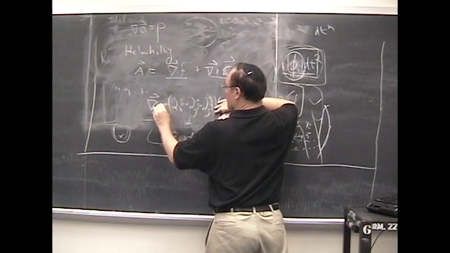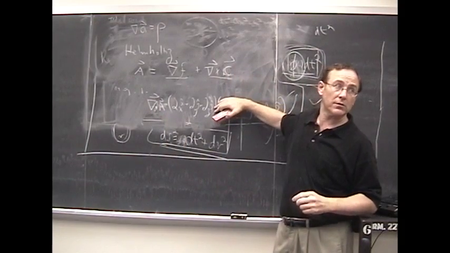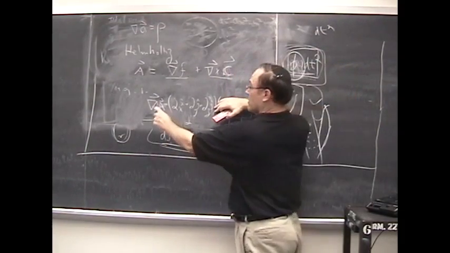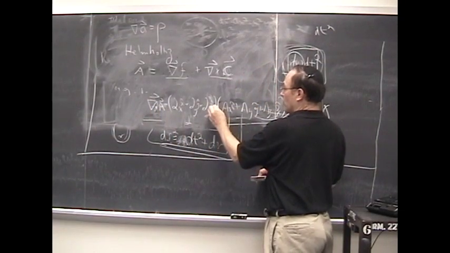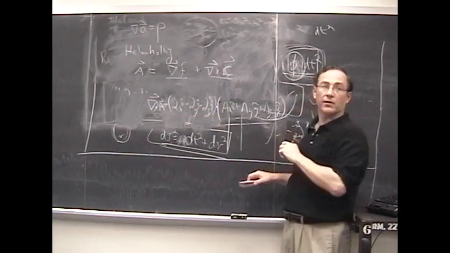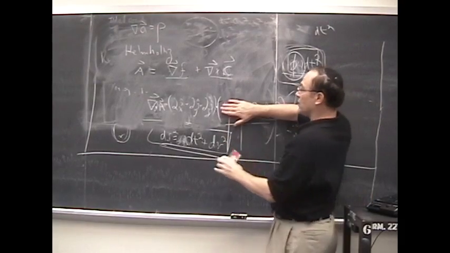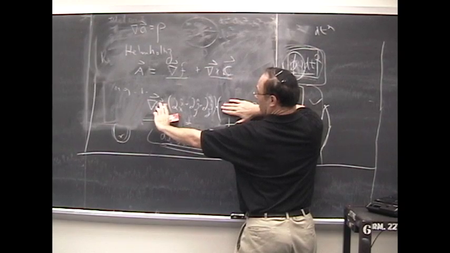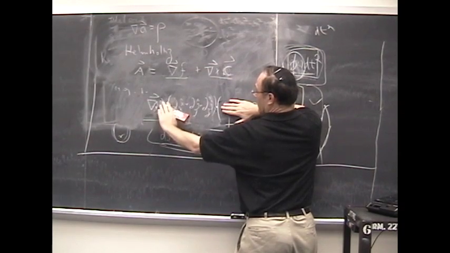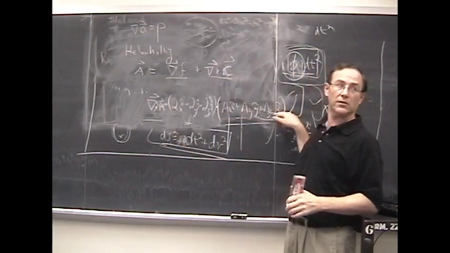What we did before is divergence. If I operate on the vector A with a dot product, dotting this operator into the vector A, I can do various things with this operator. It's a vector operator, so I can dot it into another vector.